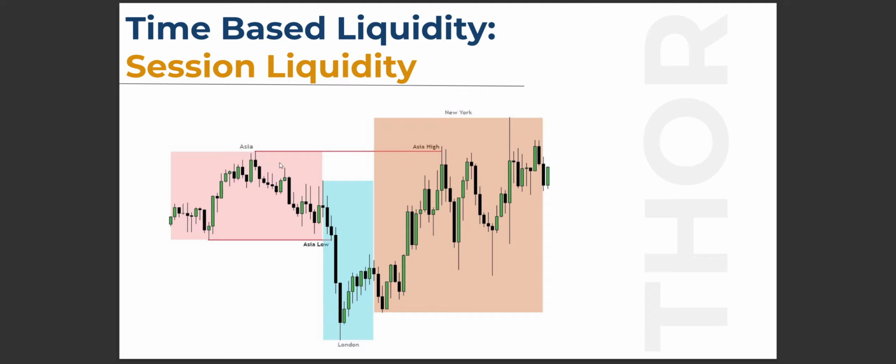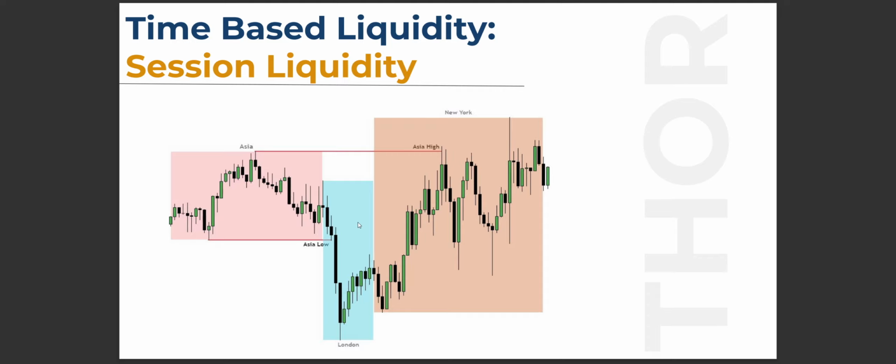So what usually happens in this type of time-based liquidity is basically Asia forms a range, creates a high and a low. In this case, the Asia range is marked in the pink faded box right there. It forms a swing high, which is the buy side liquidity, Asia high. And at the low, the swing low formation is the sell side Asia low liquidity.